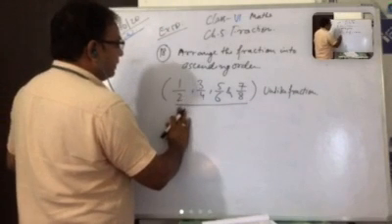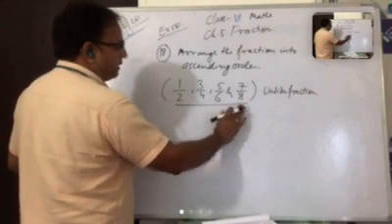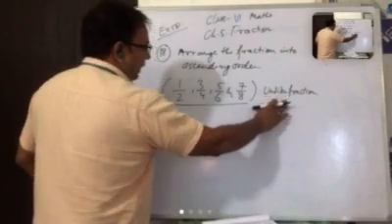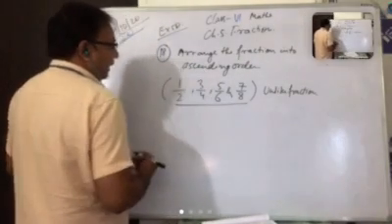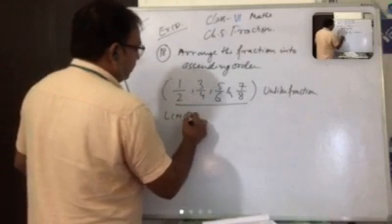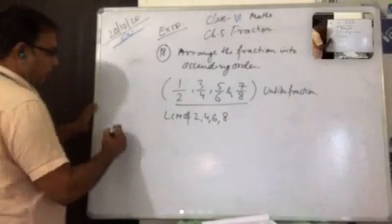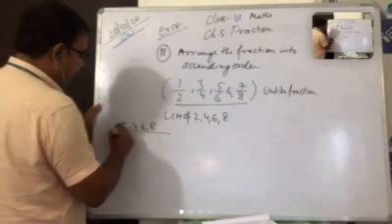So these are the fractions 1 upon 2, 3 upon 4, 5 upon 6, 7 upon 8. But all the fractions are unlike fractions. So first we have to convert these unlike fractions into like fractions. So we take out the LCM of 2, 4, 6, and 8.